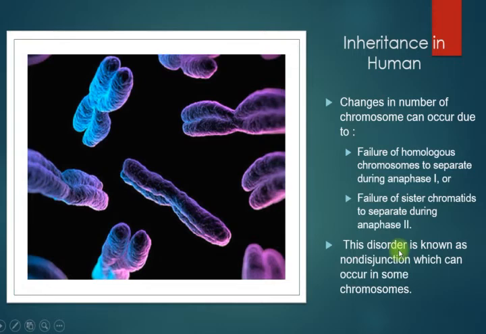Non-disjunction refers to the homologous chromosomes or the sister chromatids failing to separate, which can occur in some chromosomes.